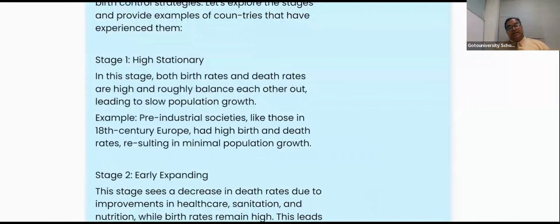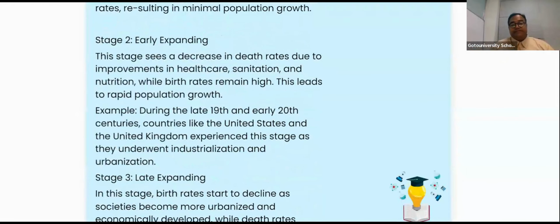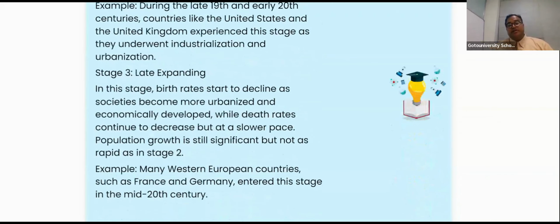High stationary: birth rate and death rate are both high. Early expanding: death rate decreases due to increased healthcare. Late expanding: birth rate starts to decline.